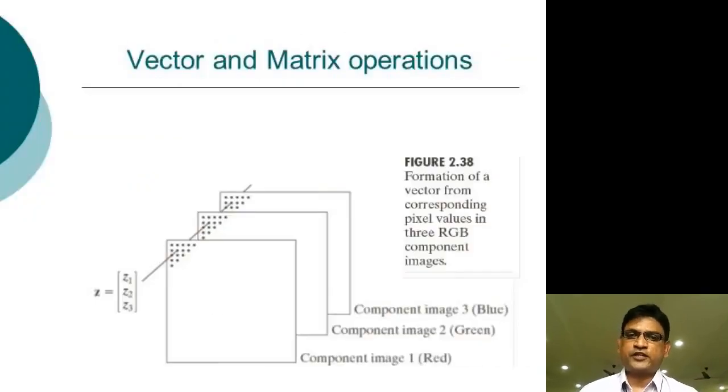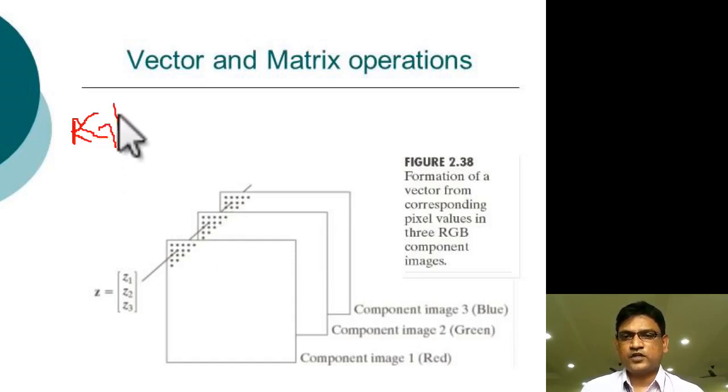And next is vector and matrix operations. These are mainly used for multispectral image analysis. Here we can observe this is a color image, which is called an RGB color image. This color image is called a composite image.